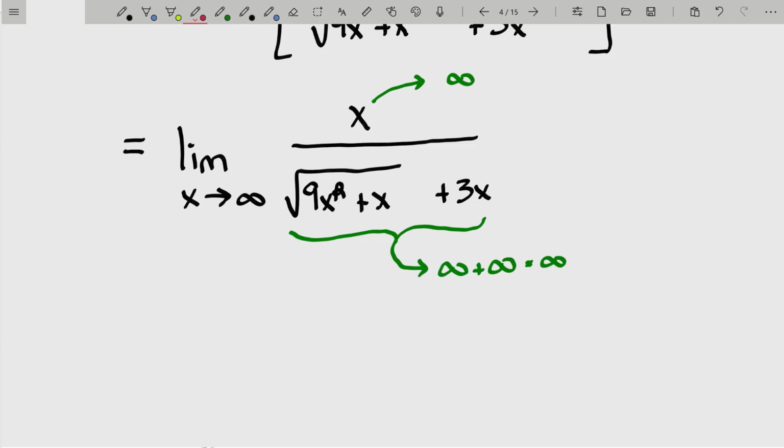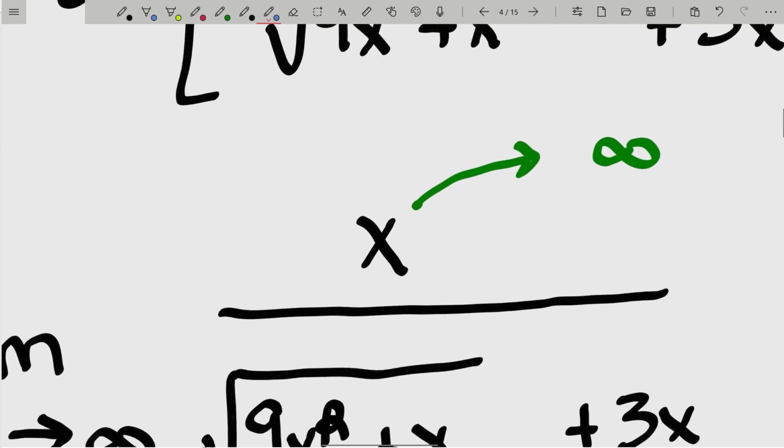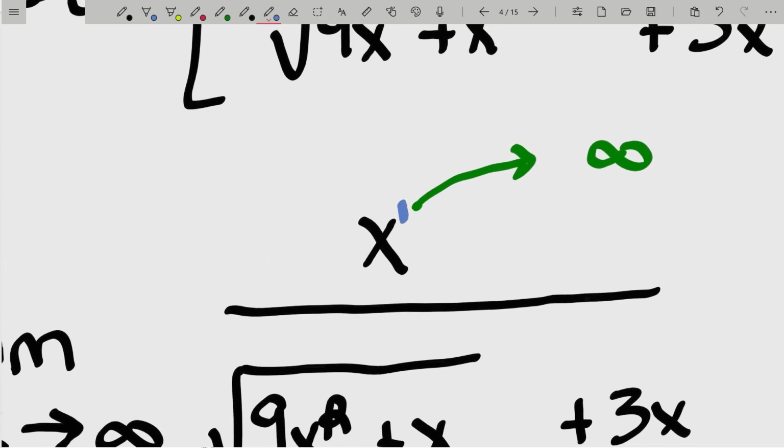You want to divide both numerator and denominator by the largest power of x in all the terms. Let me write that down. Divide numerator and denominator by x to the pth power, where p is the largest power of x in all the present terms. Now let me give you a piece of warning here. When I say the largest power of x, the numerator has a power of 1.